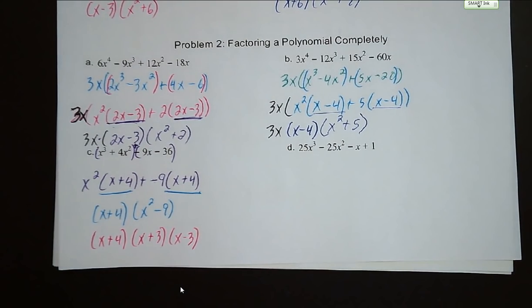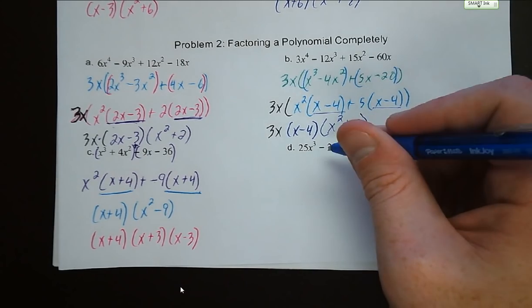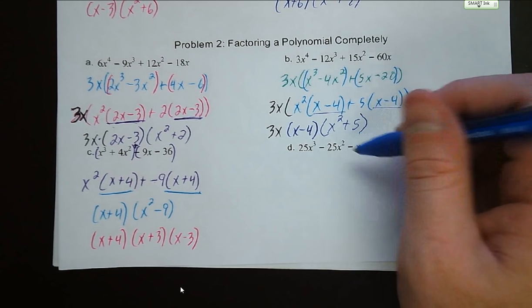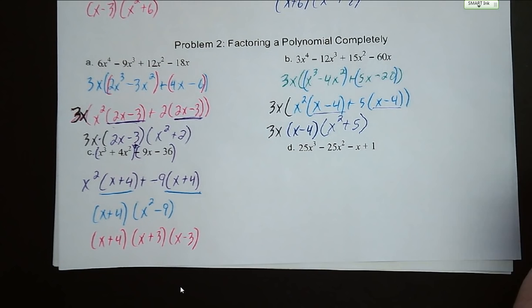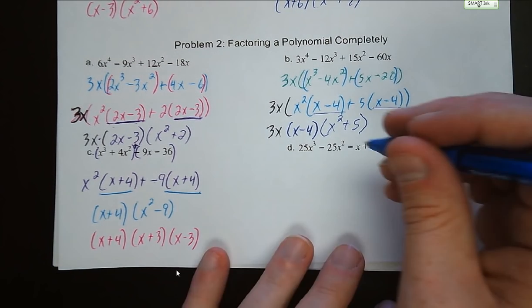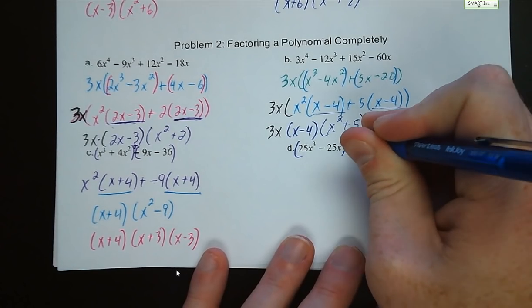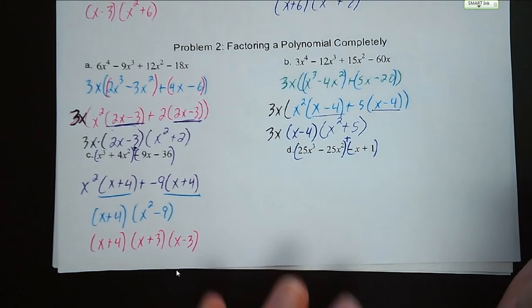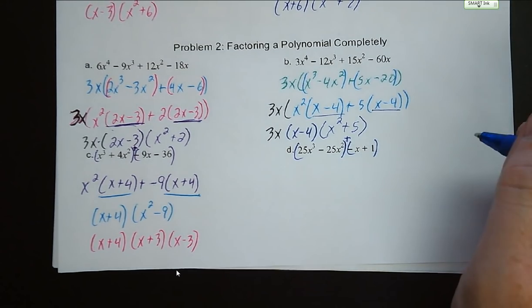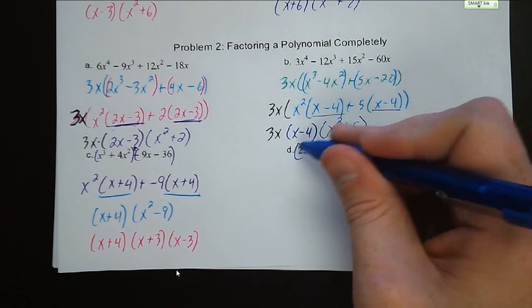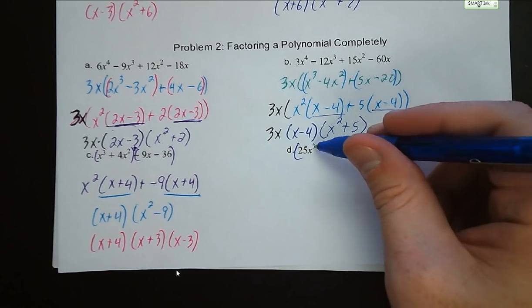Letter D. We've got 25x to the third minus 25x squared minus x plus 1. So none of those are factorable. We are adding in between our parentheses there. So what can I bring out from my first term? I see 25x cubed, 25x squared.